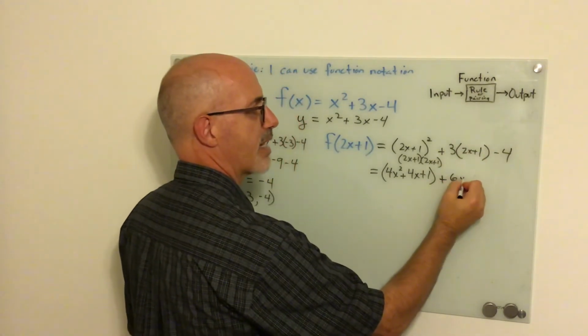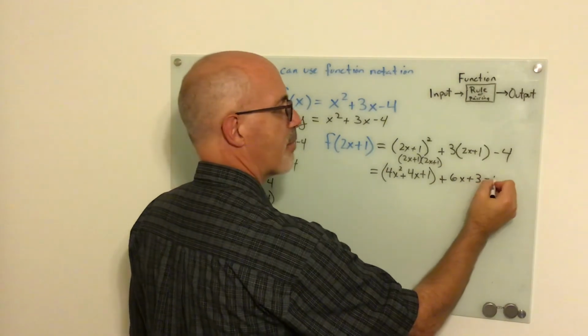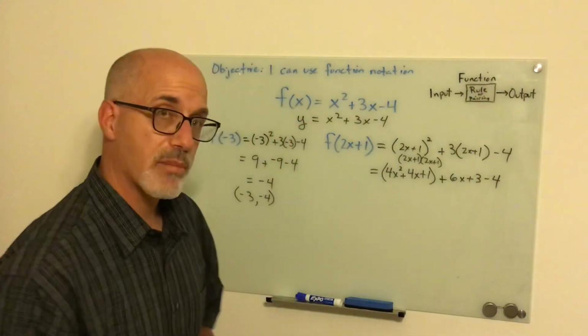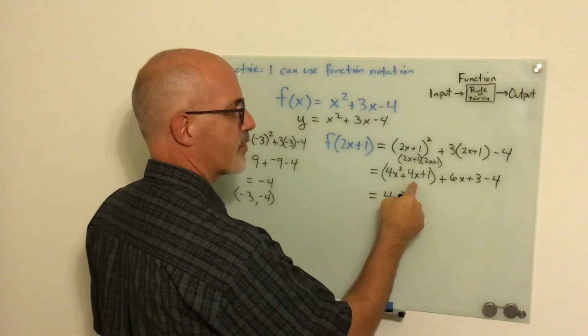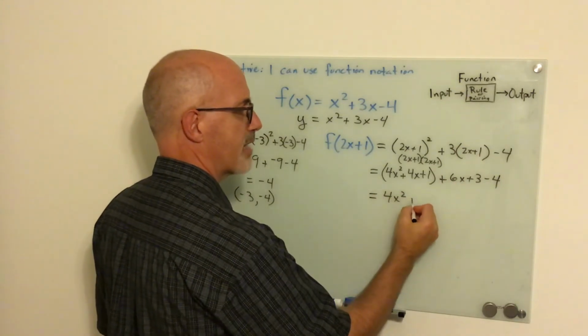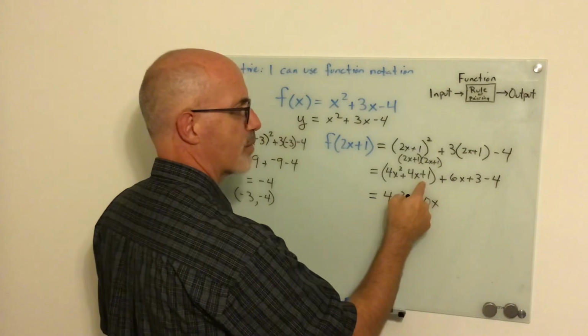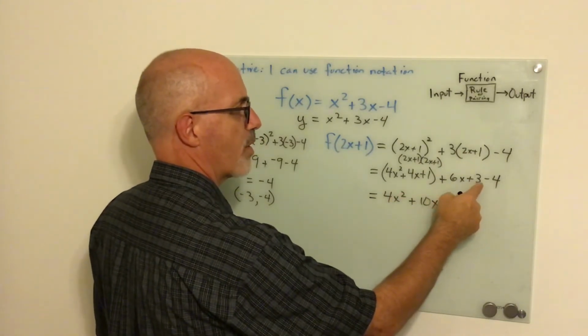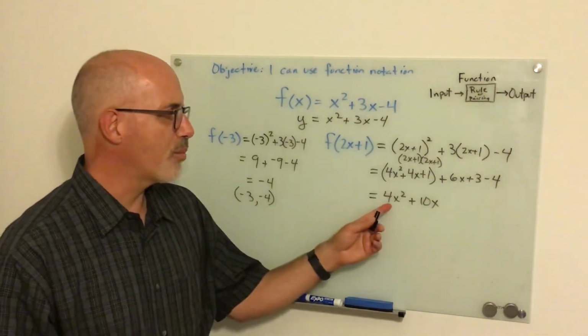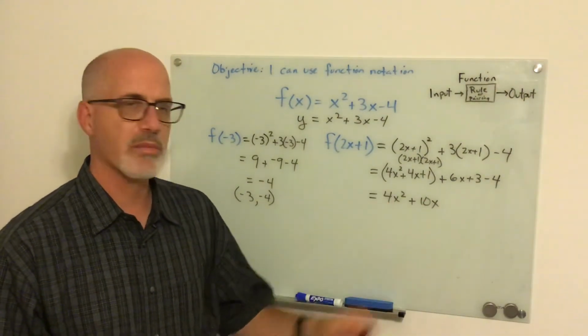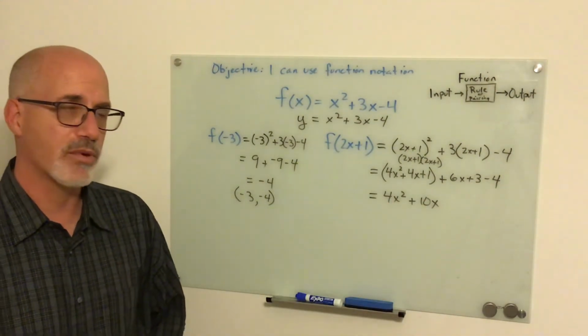We get 6x plus 3, and then minus 4. Now let's combine like terms. We get 4x squared plus 4x plus 6x is plus 10x, plus 1 plus 3 is 4, minus 4 is gone as 0. So our output for this is 4x squared plus 10x.